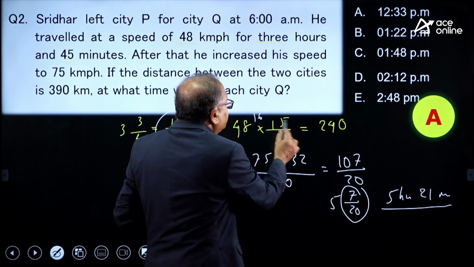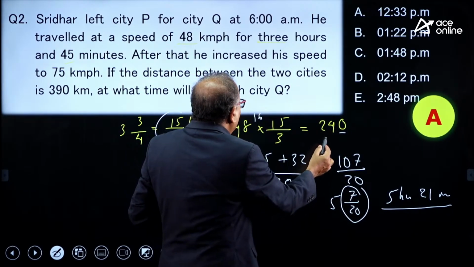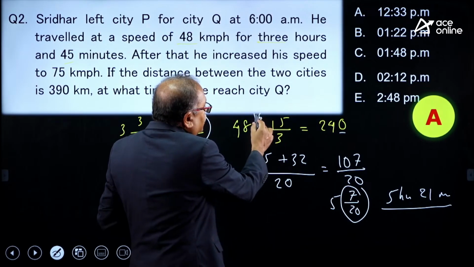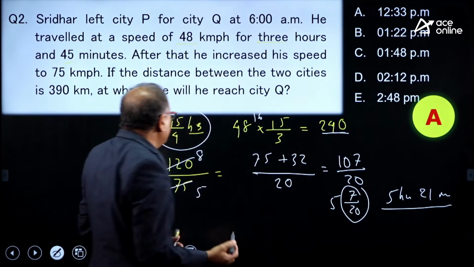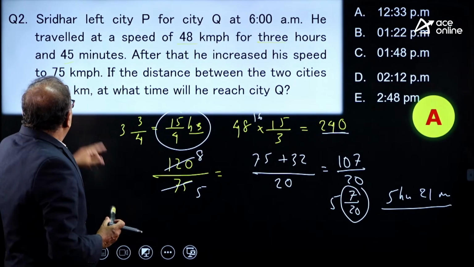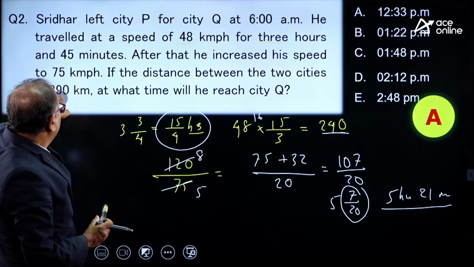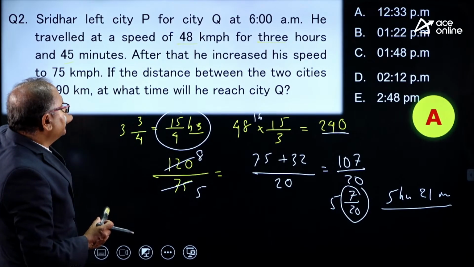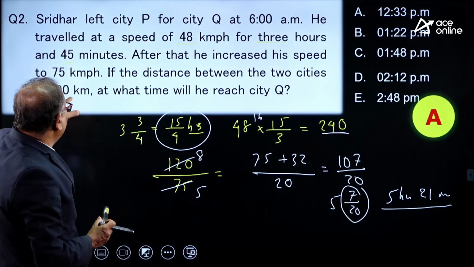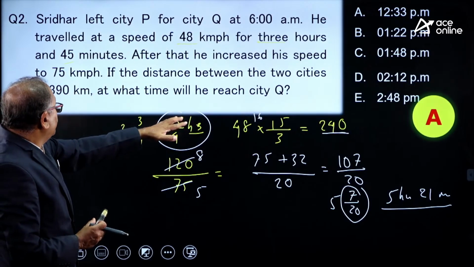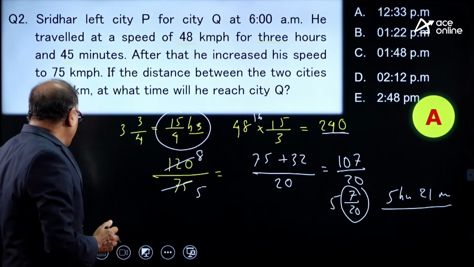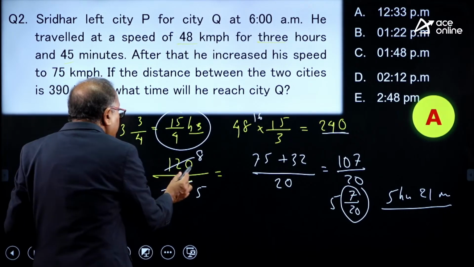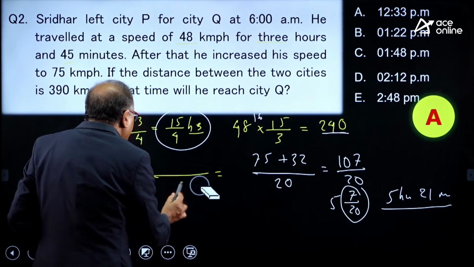So, 5, 6 is 30, carry 3 and 15, 19 and 24, 240, up to this is right. So, 390 kilometer is the total distance. So, how much am I left with? 390 minus 240, I am left with 150. So, there is a mistake over here, this should be 150.